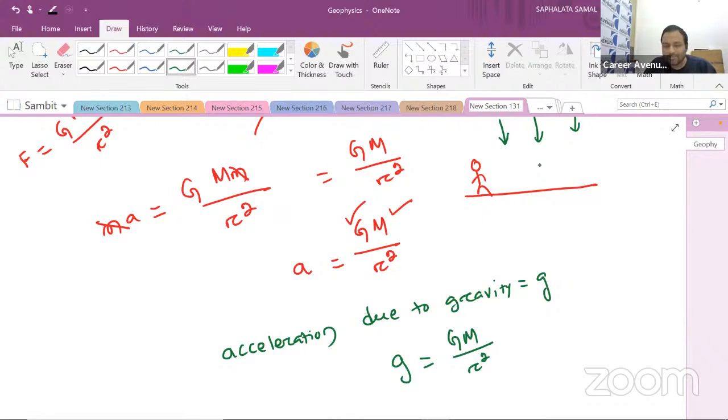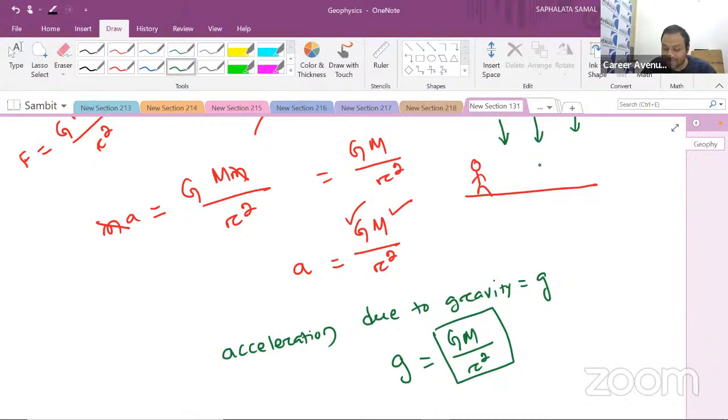Can anyone tell me which other parameter I have written having the same formula GM by r square, which we have already discussed? Anyone? I'm waiting because there is some time lag, so you have to wait for my answer too.